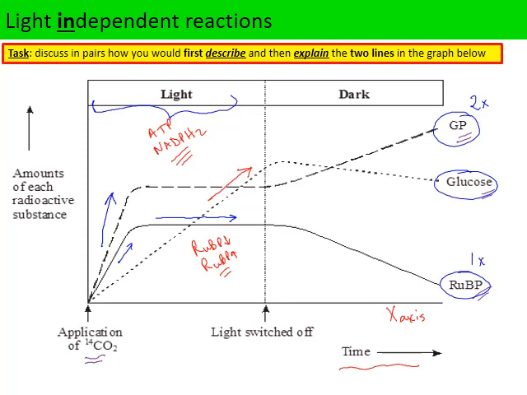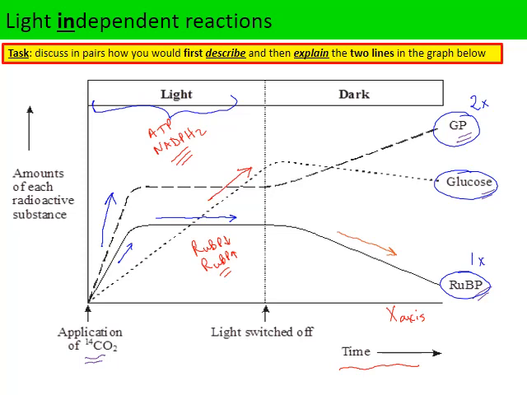However, when we switch the light off, what we'll see is the level of ribulose bisphosphate decreases. And that's because we know in the dark, when there's no light, Rubisco can still catalyze the fixation of CO2 to ribulose bisphosphate.